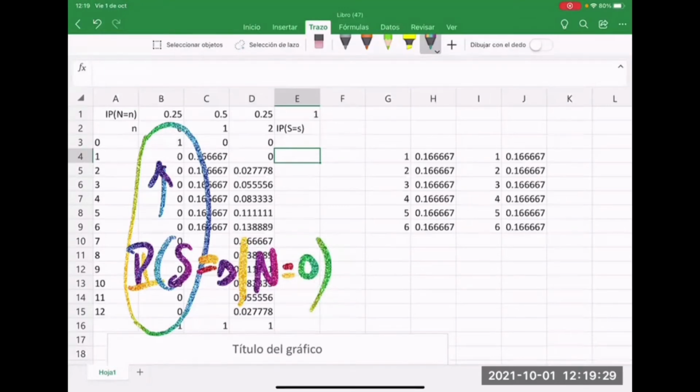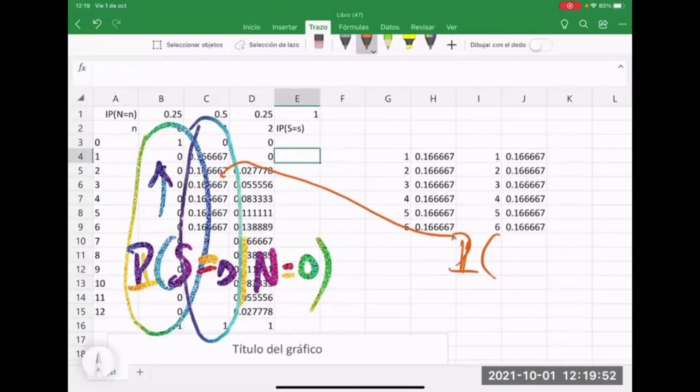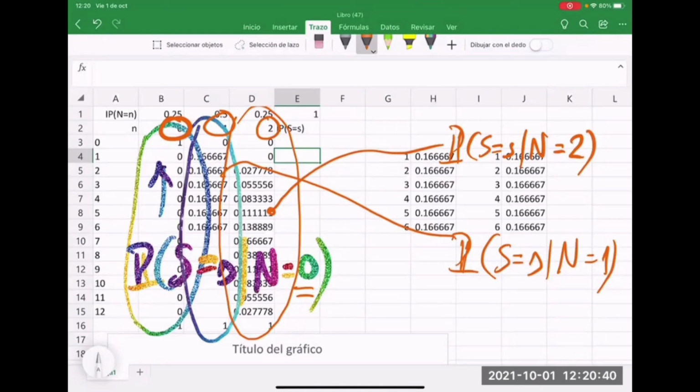In the second column, this one here, what do we have? What we have is the probability that S equals s given that n equals 1. Actually, we have the 1 as the header of the column. In the other case, we have the 0 as the header of the column. And what we need to get is the probability that S equals s.